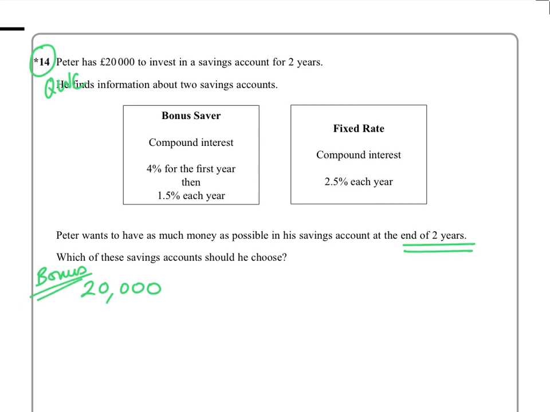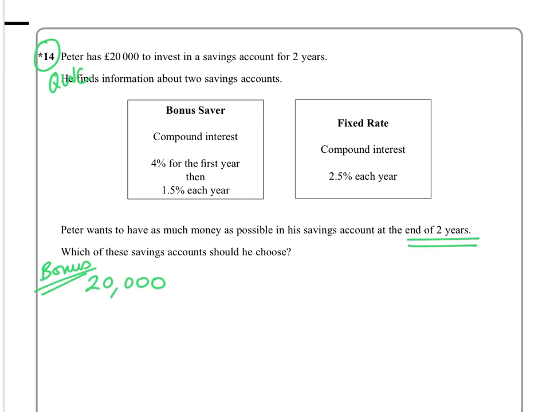then if you wanted to get 4% for the first year, then at the end of that first year, you'd want to not just find 4% of the 20,000, but add that onto the 20,000. And the quickest way of doing that is to times this by 1, which gives you the 20,000.